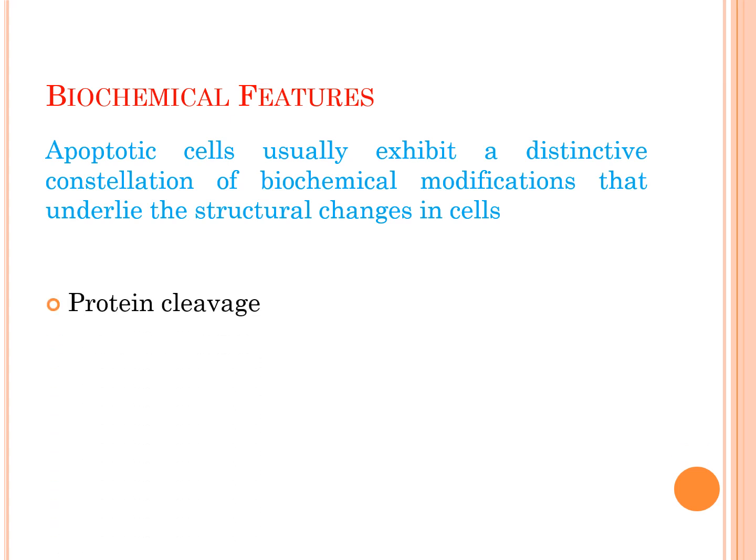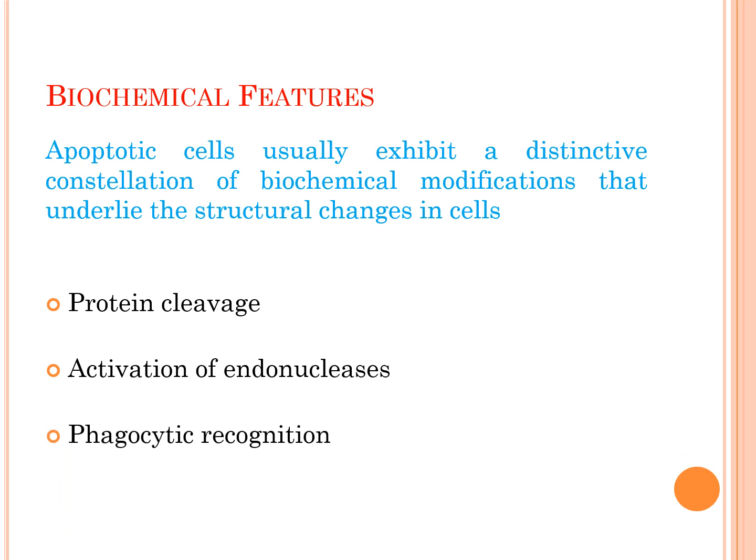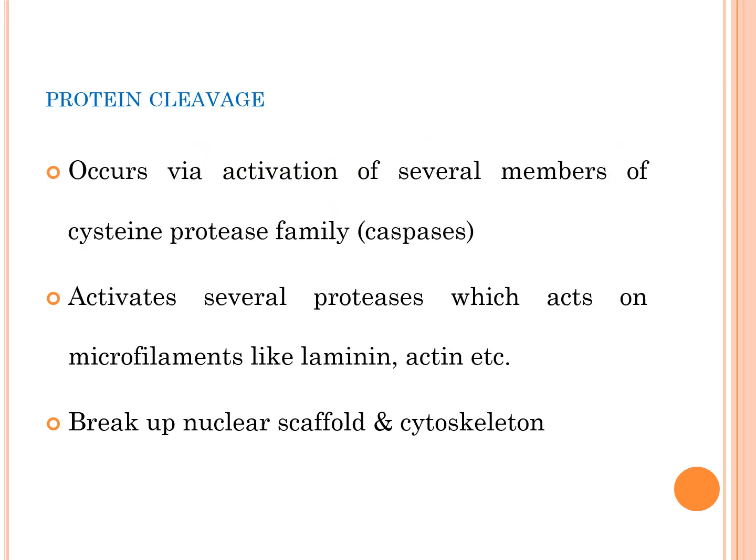So what are those changes? We will see protein cleavage takes place, activation of endonucleases takes place, and phagocytic recognition takes place. These lead to the major biochemical modifications in the cell.